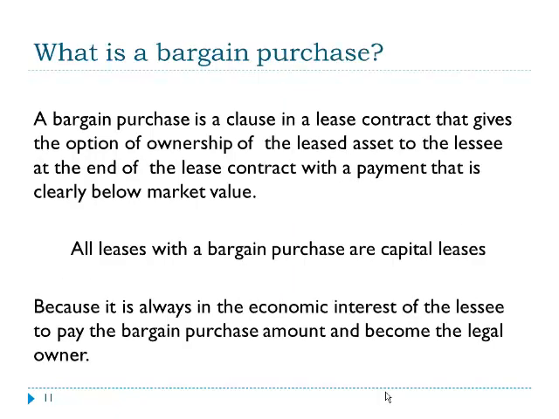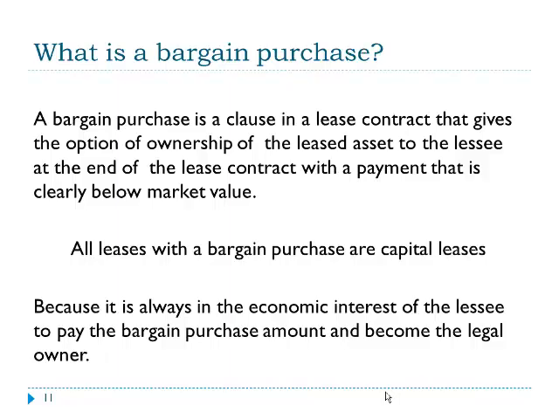Let's look now a little deeper at what a bargain purchase is. A bargain purchase is a clause in a lease contract that gives the option of ownership of the leased asset to the lessee at the end of the lease contract with a payment that's clearly below market value. All leases with a bargain purchase are capital leases. And the reasoning here is that it's always in the economic interest of the lessee to pay the bargain purchase amount and become a legal owner.